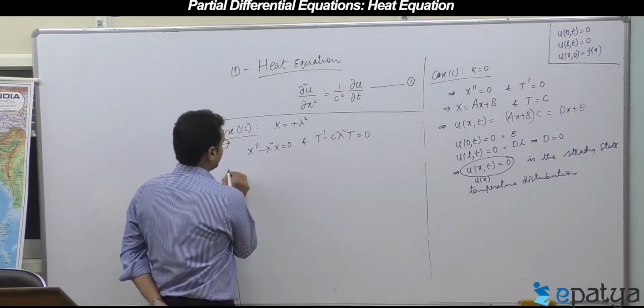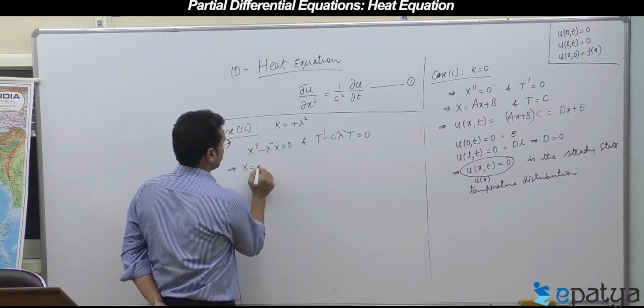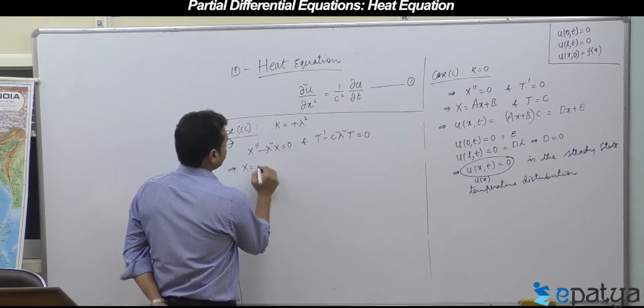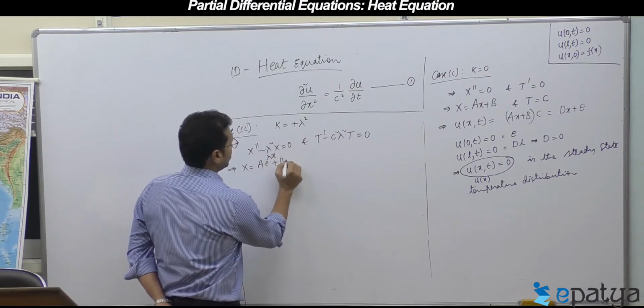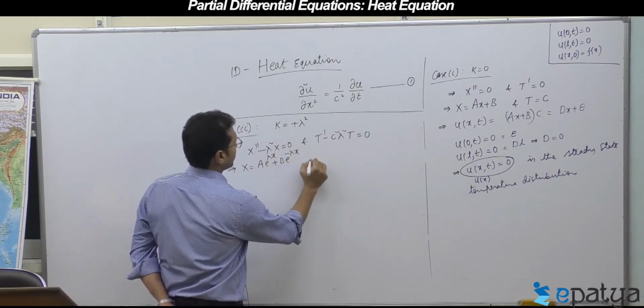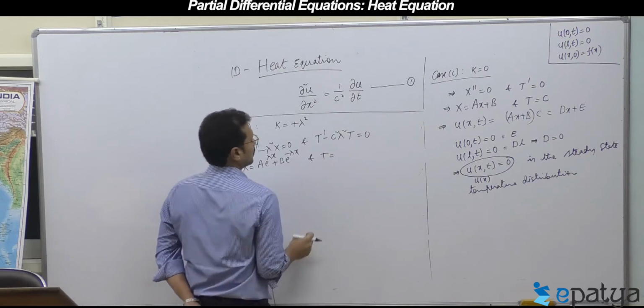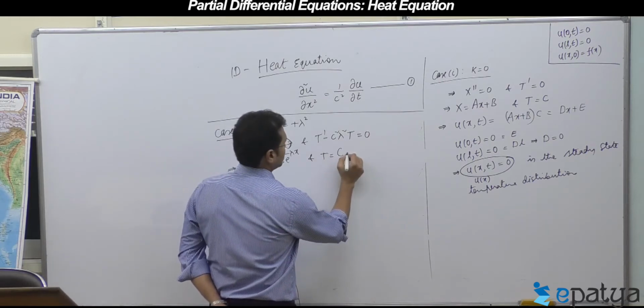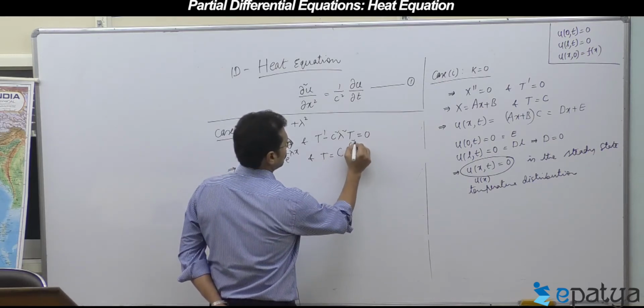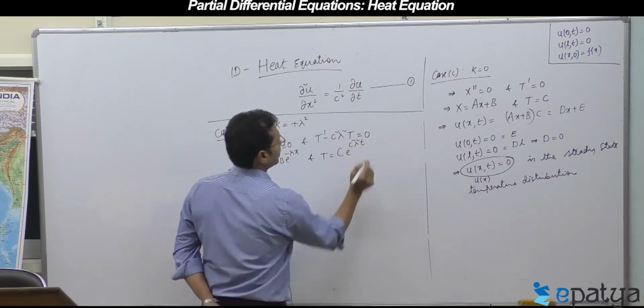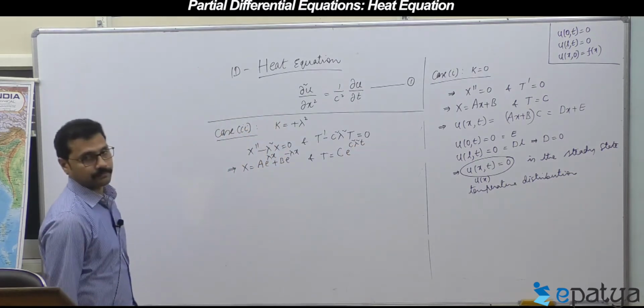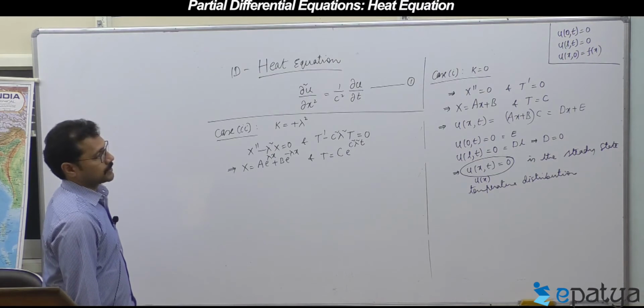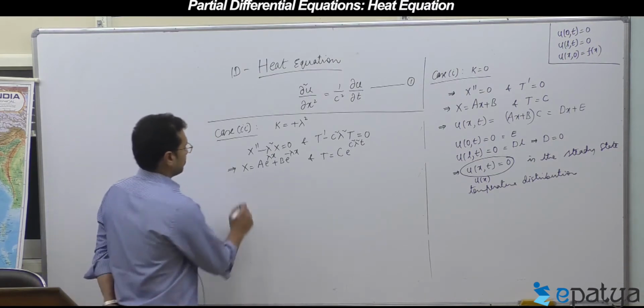Okay, this implies capital X is equal to A e power lambda x plus B e power minus lambda x and capital T equal to capital C e power c square lambda square t.